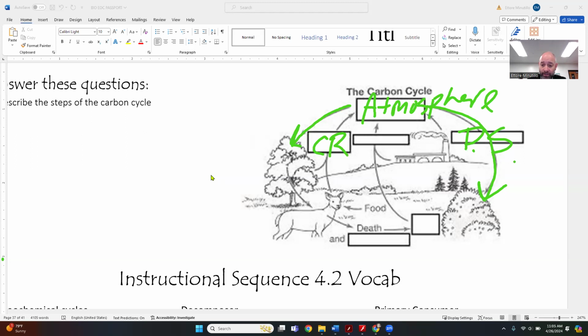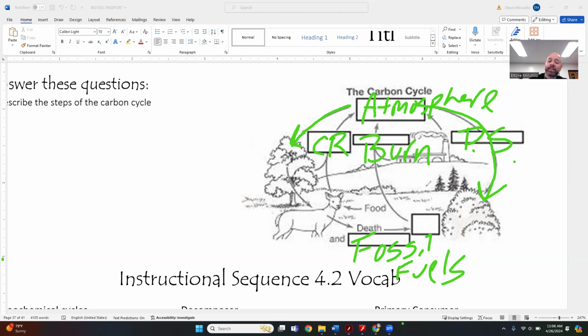Down underground here, and I don't necessarily see this listed, but we have fossil fuels. We've got fossil fuels trapped down here underground. Those are going to get pumped up from the ground and actually burnt to get them back up into the atmosphere here.